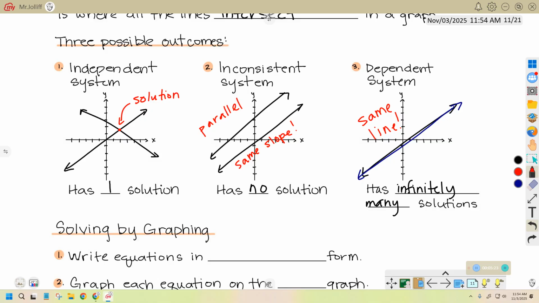If a system has no solution, we say it is an inconsistent system. If they overlap, meaning they plot the same line, we call it a dependent system. If I know what's happening to y for one of those lines, I know what's happening to y for the other. They are dependent. They are connected.